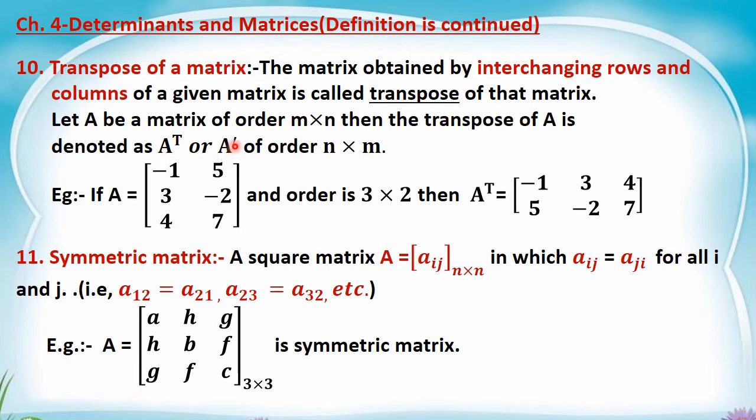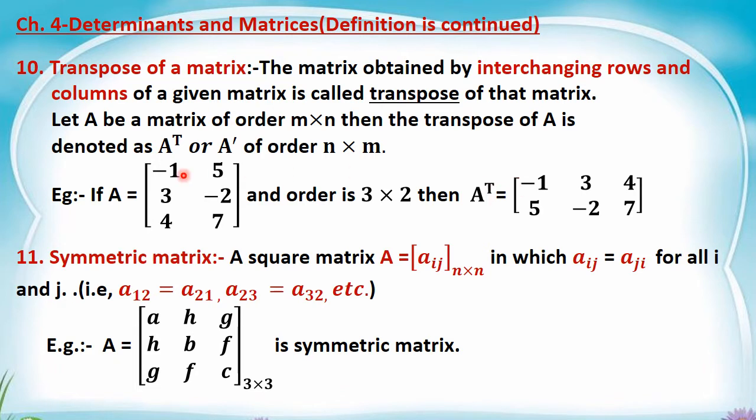Now, example: if A equals the matrix minus 1, 5, 3 in the first row and minus 2, 4, 7 in the second row, there are 3 rows and 2 columns. So, the order is 3 by 2. Then its transpose will be as follows.